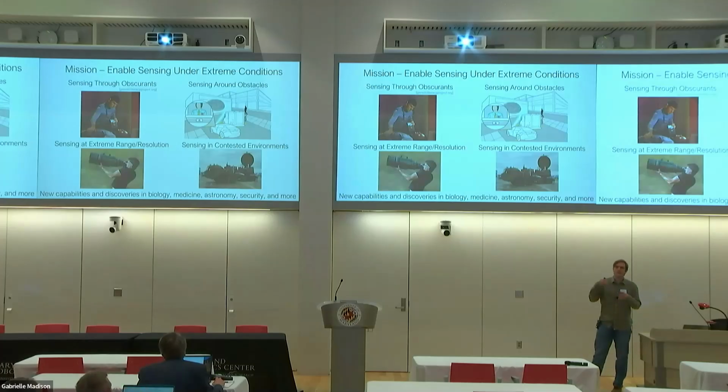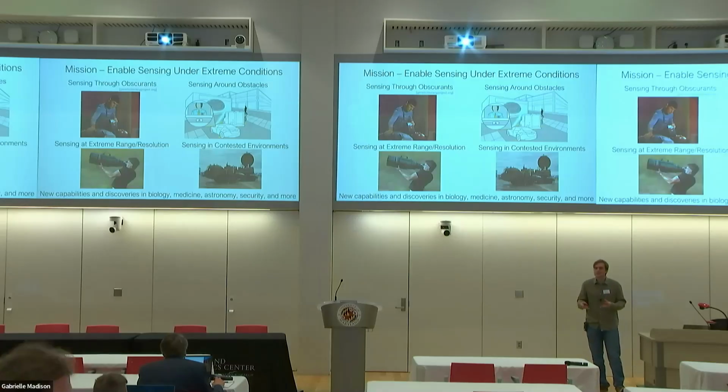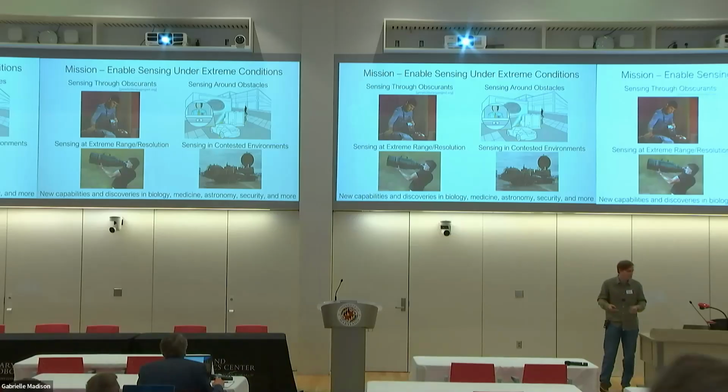So four motivating applications that my lab is focused on considerably: sensing through obscurance. So how can we see through tissue? How can we see through fog? How can we see through atmospheric turbulence? Sensing around obstacles. How can we turn walls into mirrors? How can we do non-line of sight sensing? Sensing at extreme ranges and resolutions, so light-based synthetic aperture imaging, and sensing in contested environments.